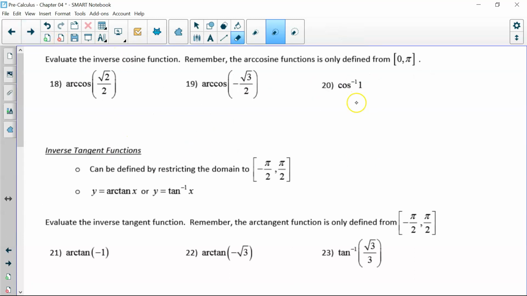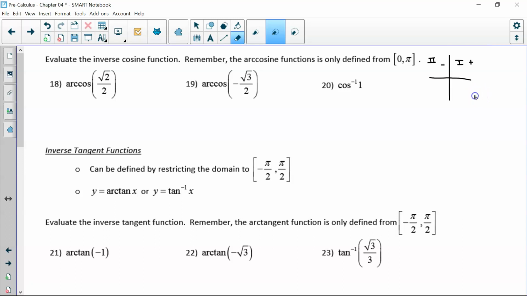What I do want us to remember is that for cosine, we're going to be in quadrant 1 if it's positive, quadrant 2 if it's negative. Unlike sine, where we're in quadrants 1 and 4, for cosine, we're in quadrants 1 and 2.